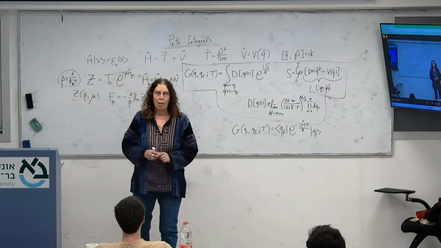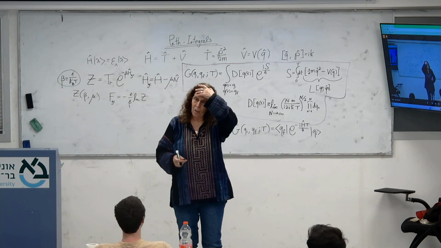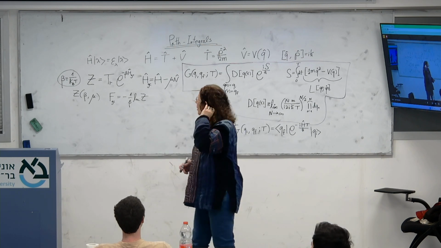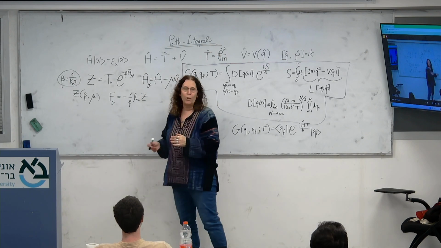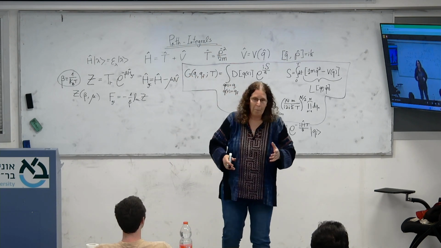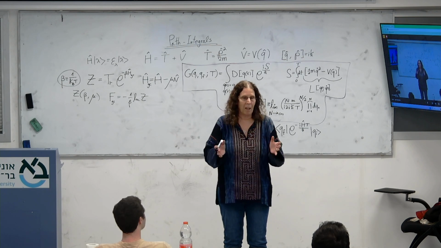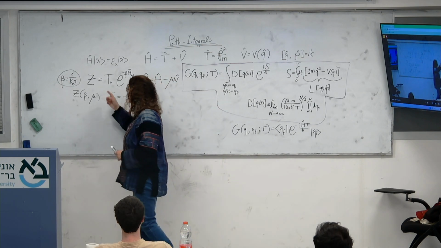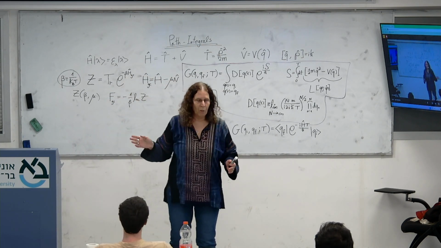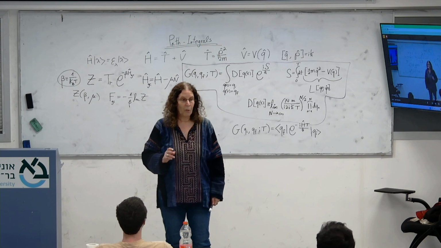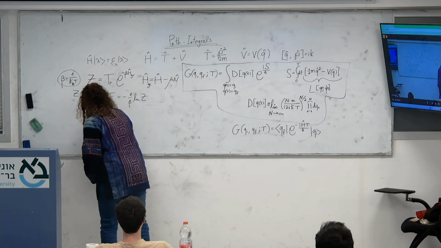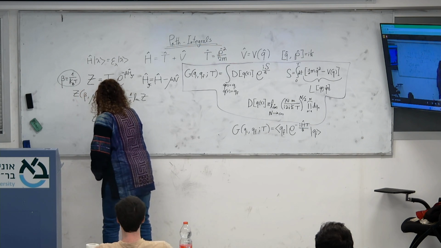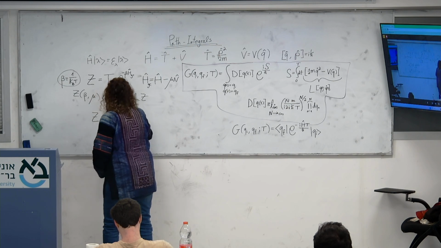If you take any complete basis, it doesn't have to be the basis of eigenstates because often we don't even know it, but it has to be a complete basis of the system, then the trace is just the sum of the diagonal.